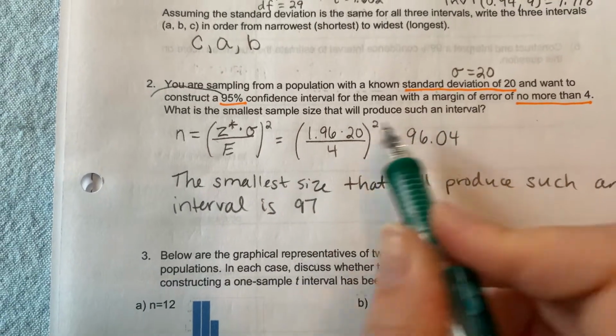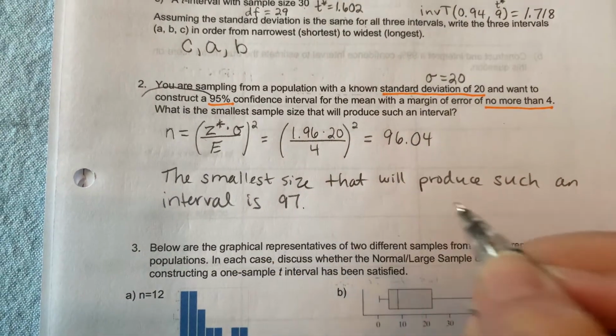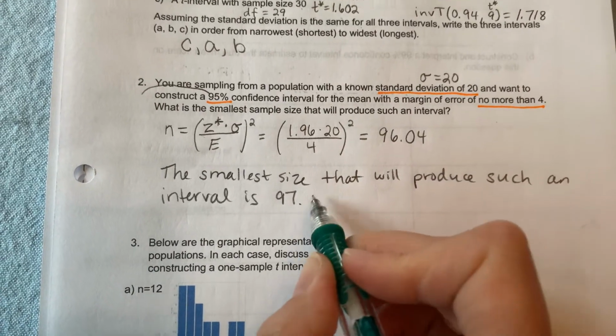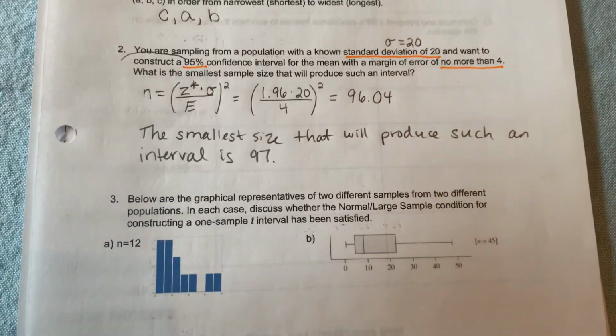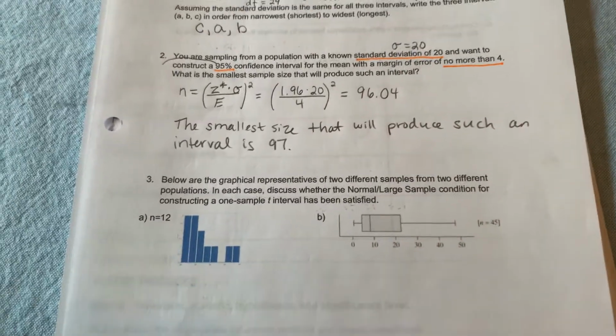It actually didn't tell me what they are gathering information about, so I'm just going to say 97. Normally I would put units, but I can't here because I don't know them. So that is how we find a sample size.